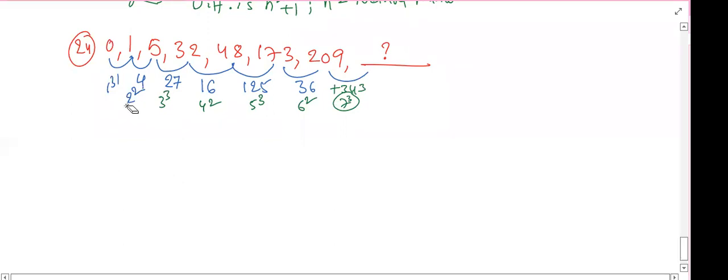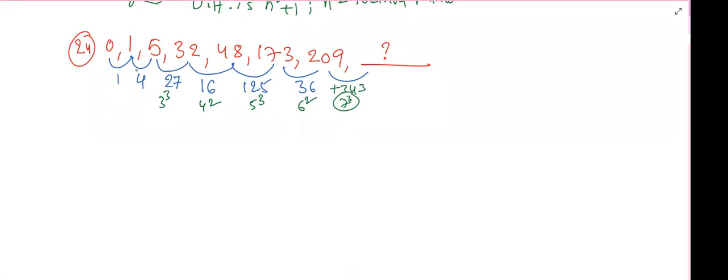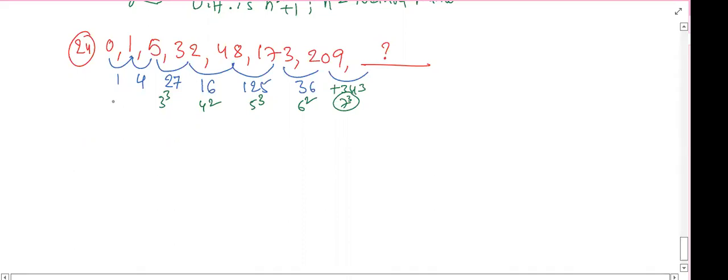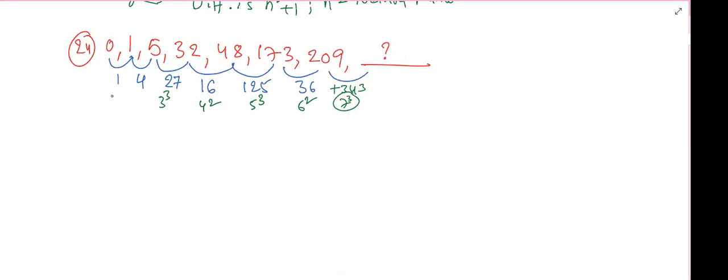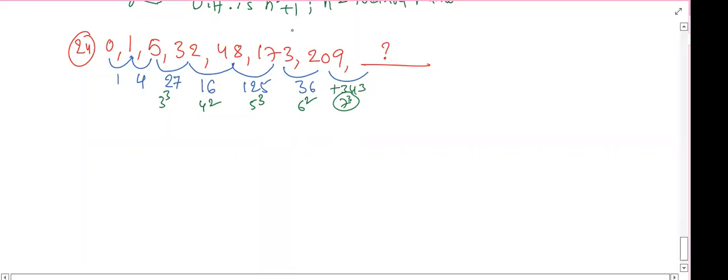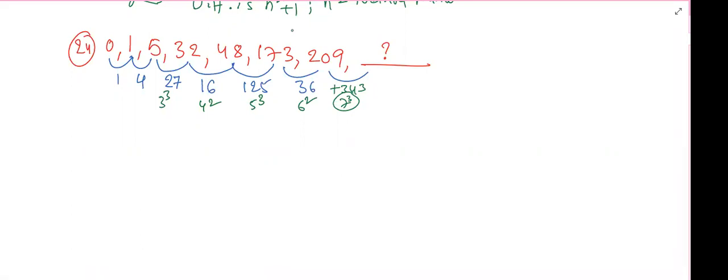So why are you not identifying these numbers? Why are you taking so much time, remaining people? You should be able to identify them. You should be perfect with them first of all. All these things should be there in your mind. Immediately after seeing 27, you should say, oh, it is matching with 3 cube. Whether it matches with all the remaining numbers or not, you should identify 27 first of all.